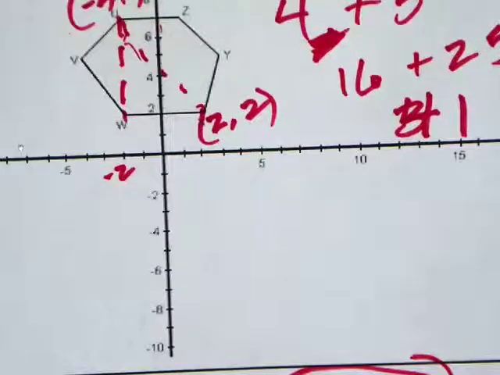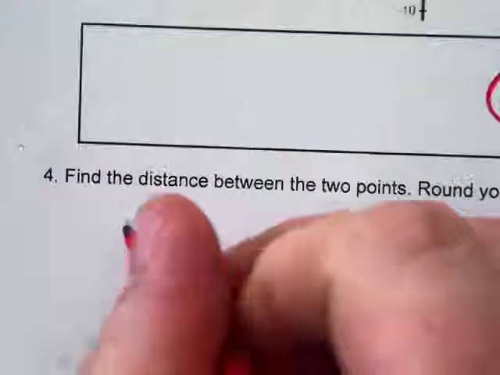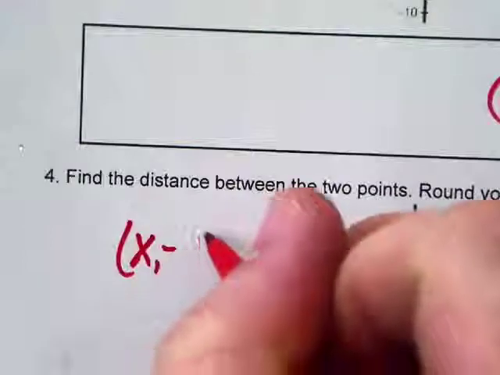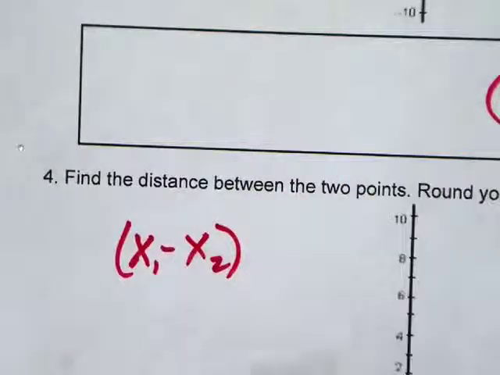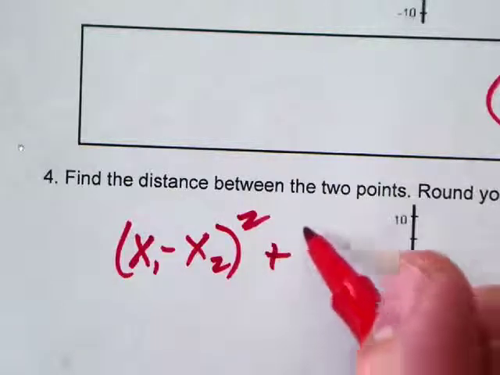You're trying to find the distance between points, and like in this one, you just have to find the coordinates for the points, and then find the difference in x's. So one of the x's minus the other x, doesn't matter which order. You're going to square that answer, and then add it to the y's.